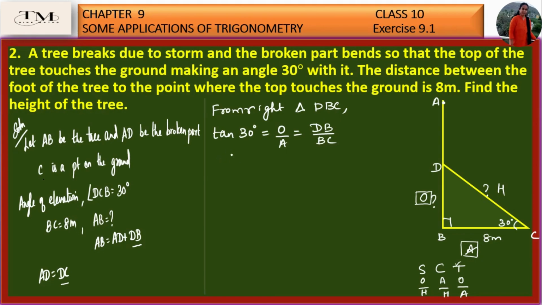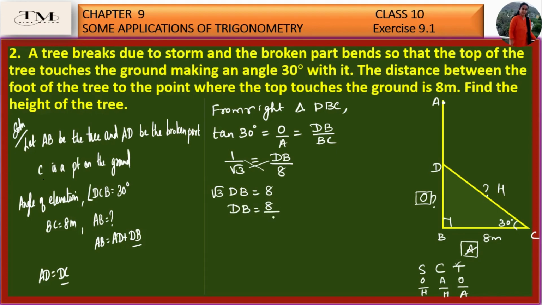Tan 30 degrees is 1 by root 3 equal to DB by BC. What is BC? It is 8. So just cross multiply: root 3 into DB is root 3 DB, equal to 1 into 8, which is 8. So DB will be equal to 8.